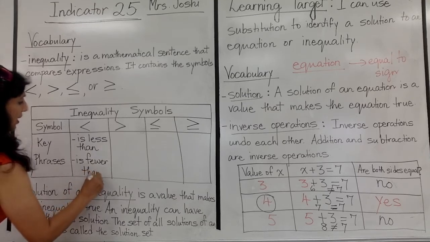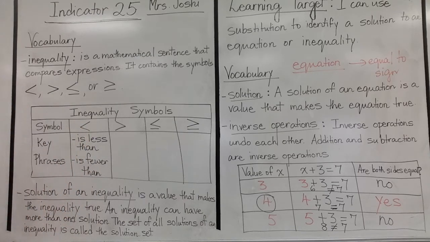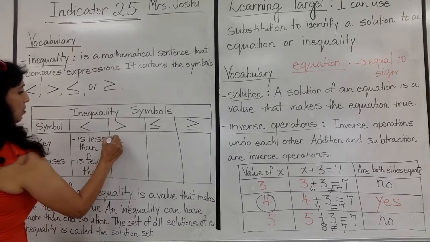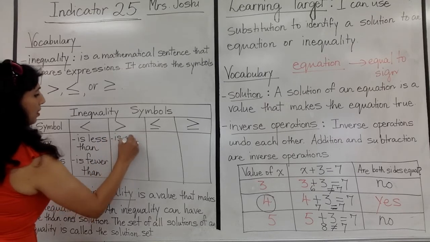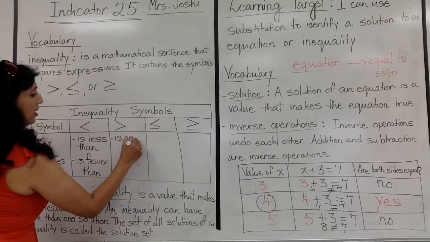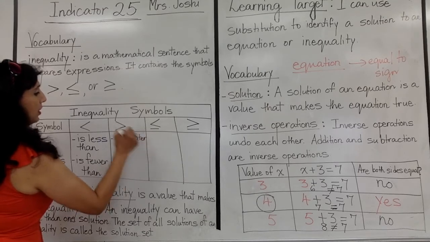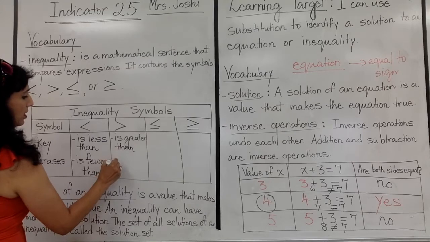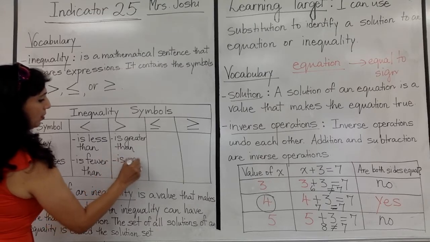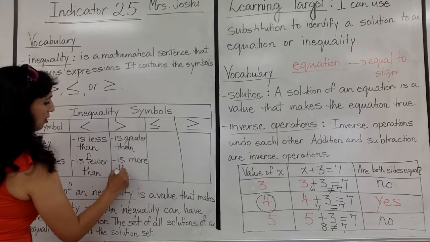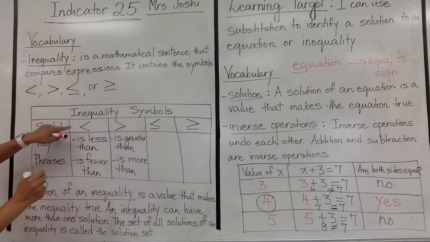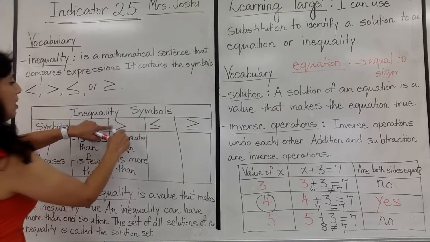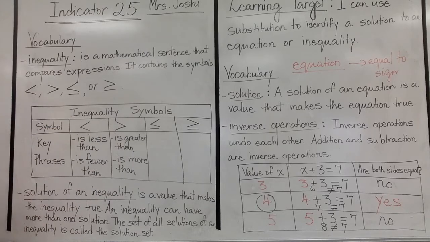So these are phrases that you use for is less than. And over here, you can say is greater than. Whatever number you have here is greater than this number here. So is greater than or is more than. These are the phrases for this symbol. So this is going to be less than this, and this is going to be greater than this number over here.